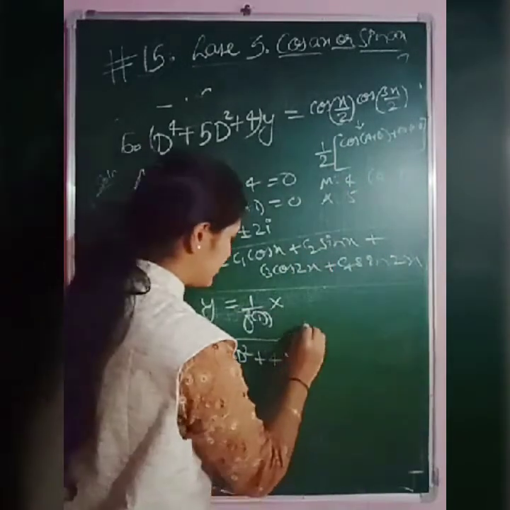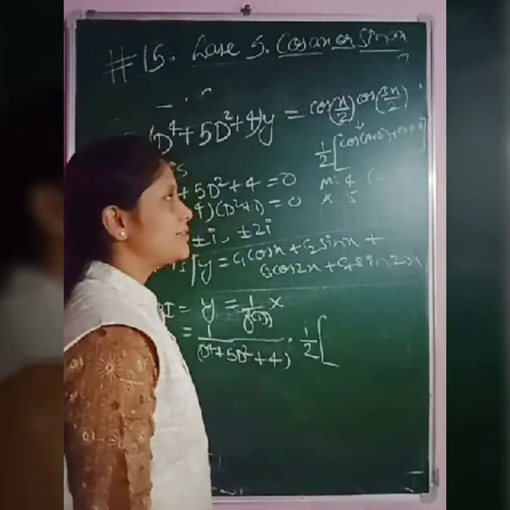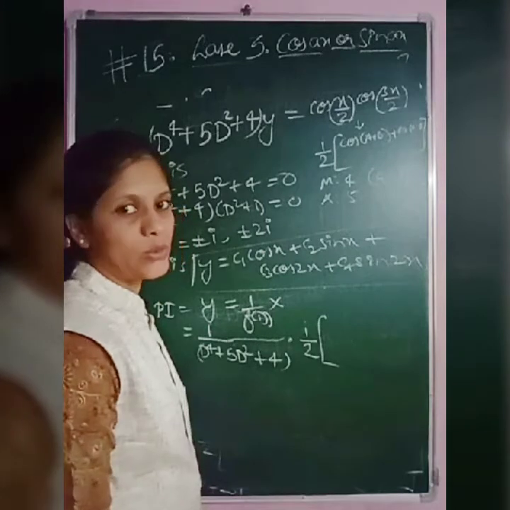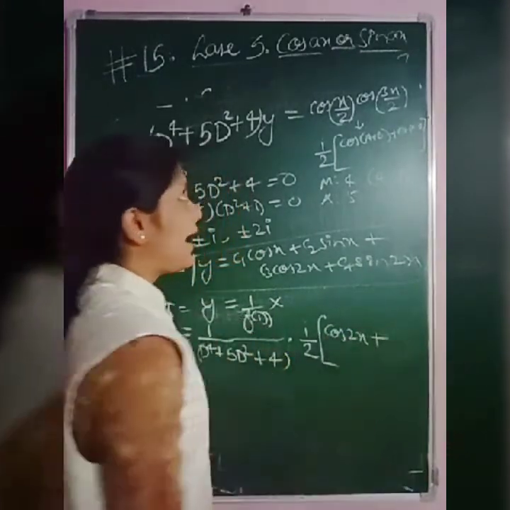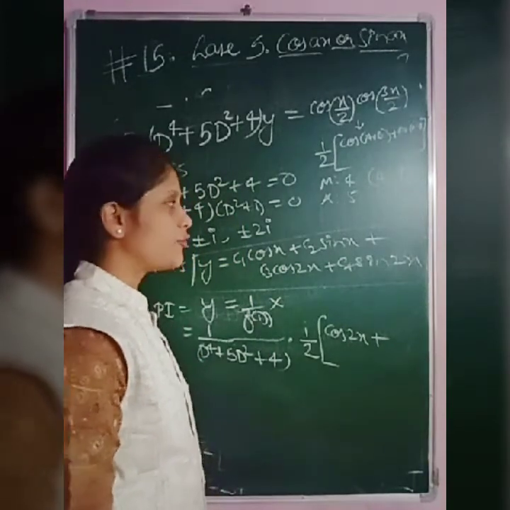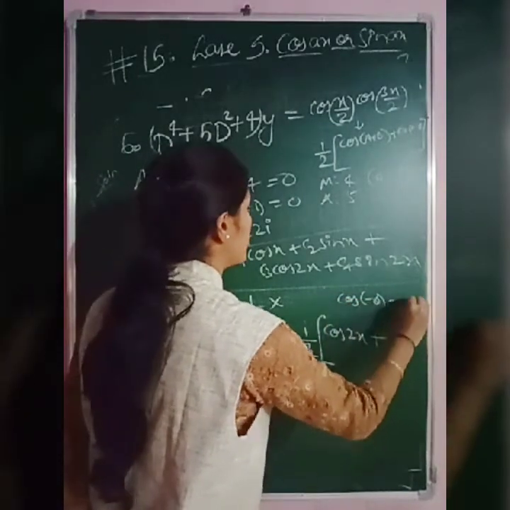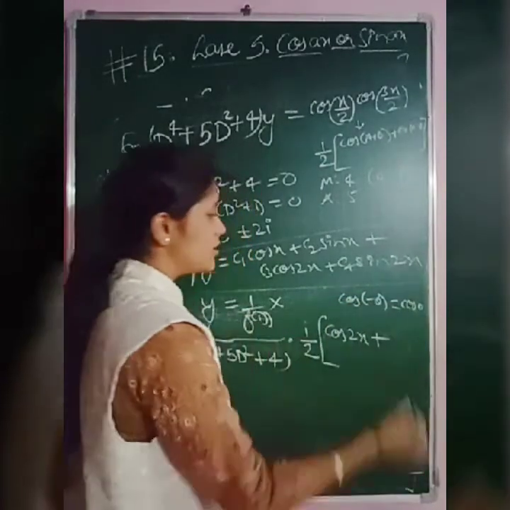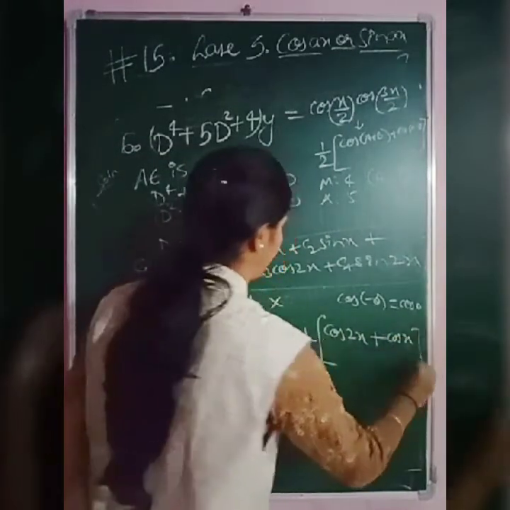Shall I write directly this? 1 by 2 of cos (A plus B), x plus 3x whole by 2, 4x by 2, is cos 2x, plus cos (A minus B), x minus 3x, minus 2x by 2, is cos of minus x. What is cos of minus theta? Cos theta itself, right? So cos of minus x is cos x itself.